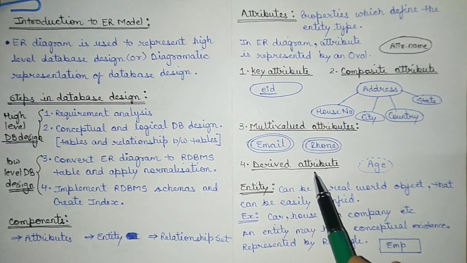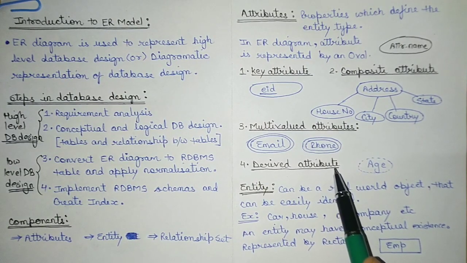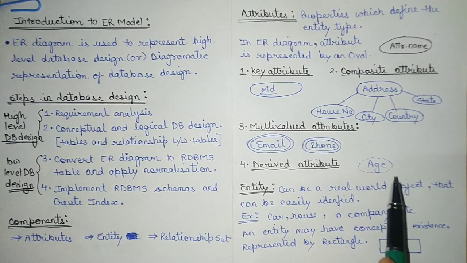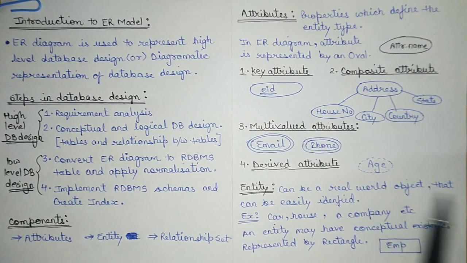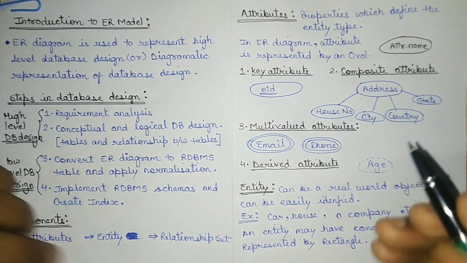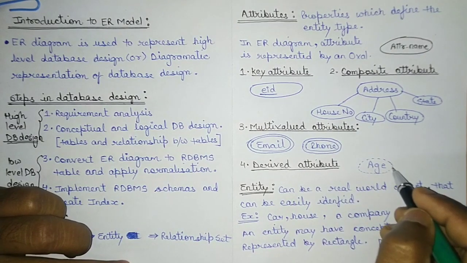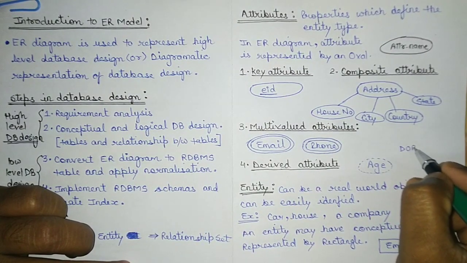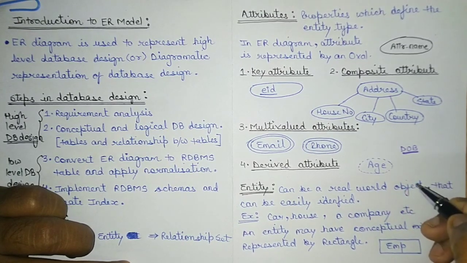A derived attribute is an attribute which is not generally stored in the database, but can be calculated and identified by using some attribute which is already present in the database. For example, take age. Let's say I have a field date of birth in my table.